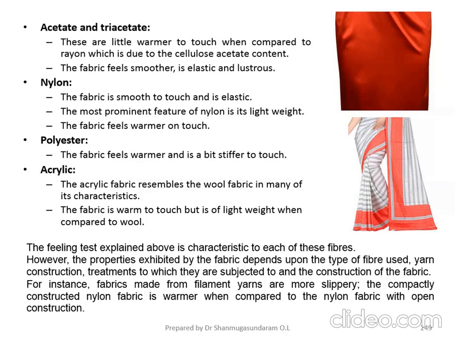So again, it depends upon the treatment and the construction of the fabric, whether it is a plain weave or twill weave. There are so many varieties of weaves, like pile weave. So based on the weave also, this feeling characteristic will vary.